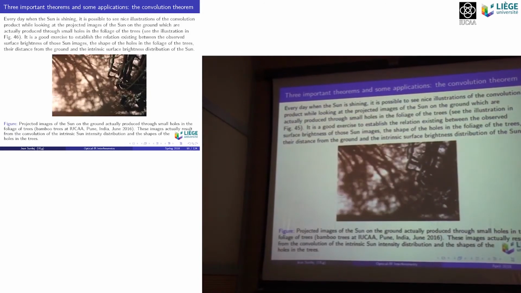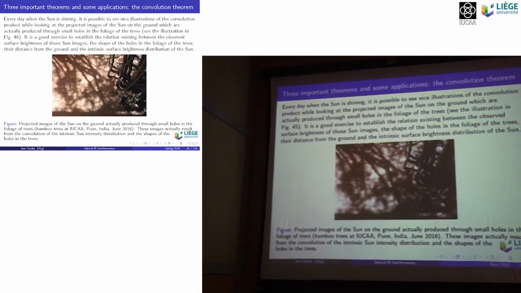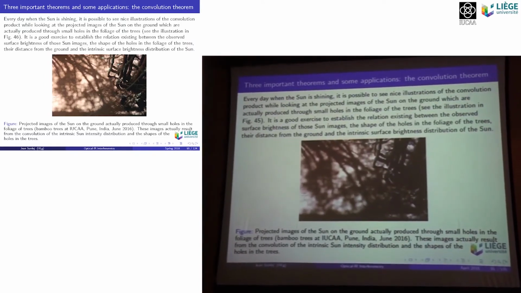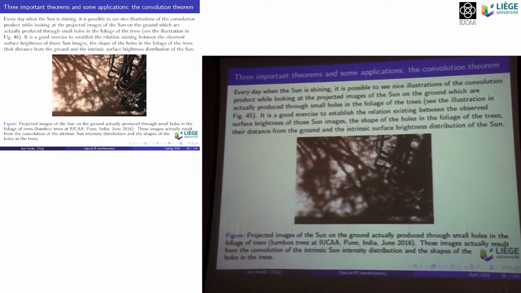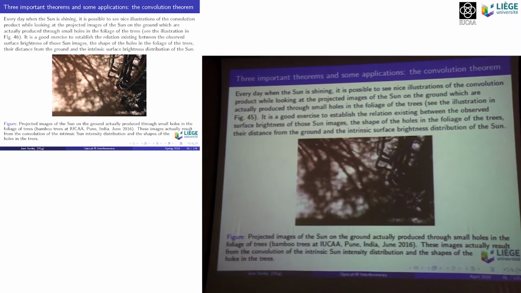Now, here I'm just writing that every day when the sun is shining, it's possible to see nice illustrations of the convolution product. What you have to do is look at the projected images of the sun on the ground, and these are actually produced by small holes in the foliage of the trees.